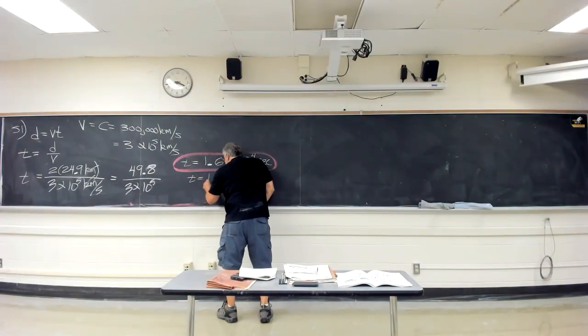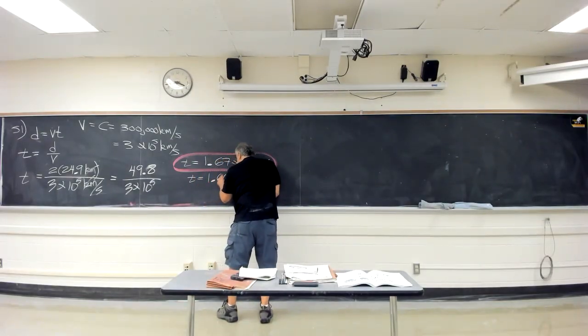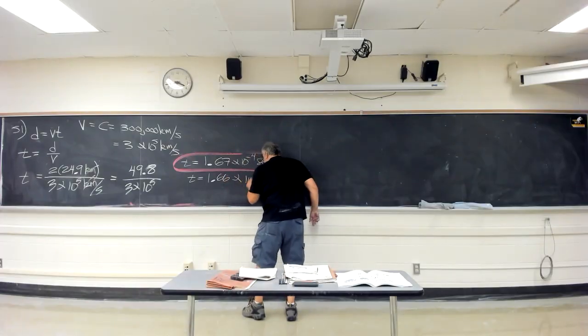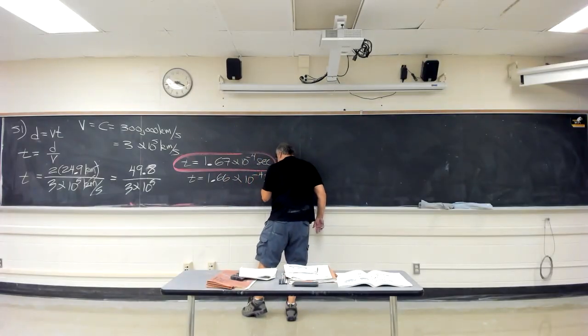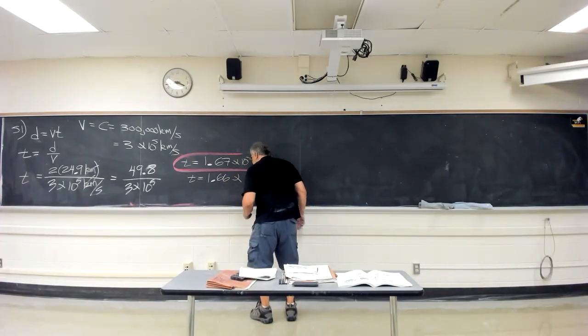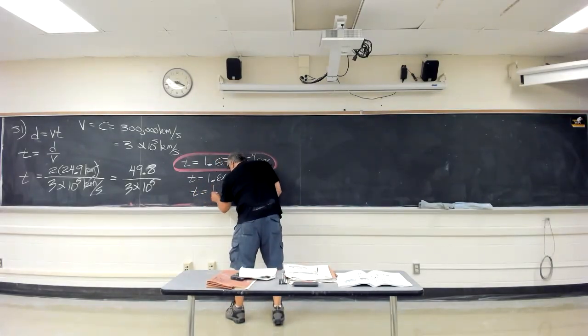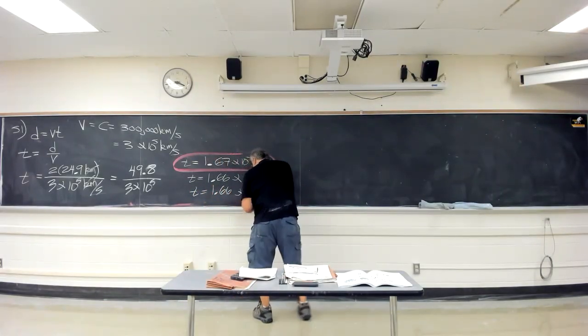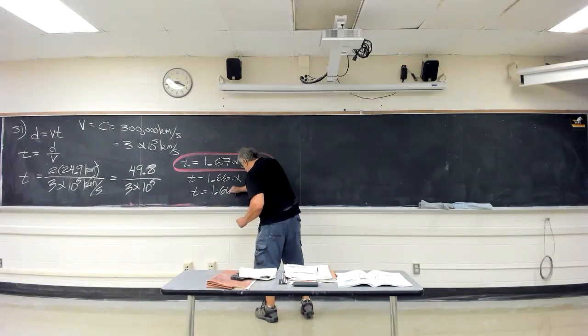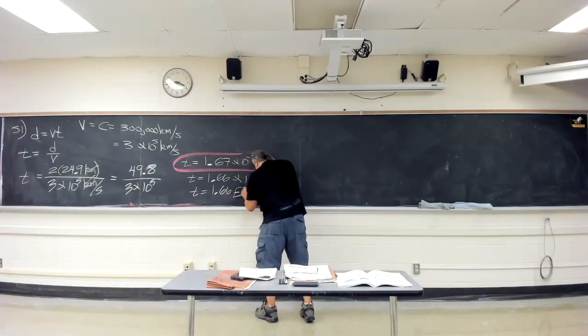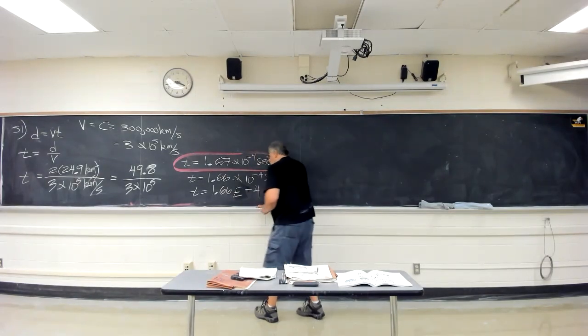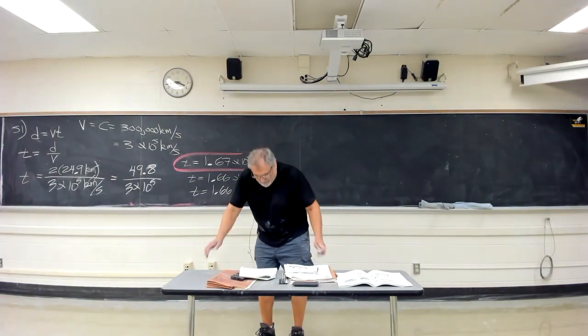The answer that they write is something on this order. We're not going to nickel and dime that, guys. It's not going to be too far off from either one of these. The way that's going to get written is 1.66 e negative 4.